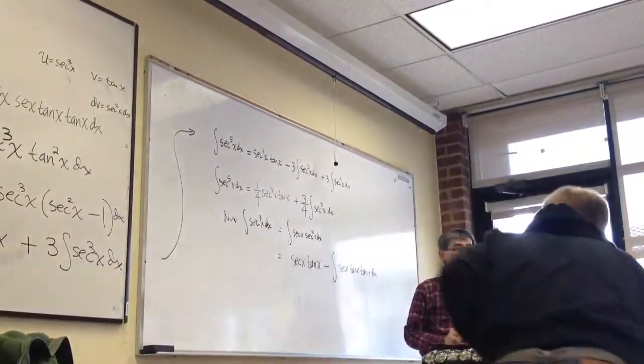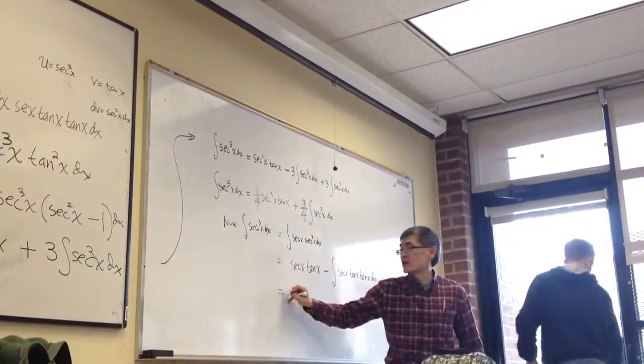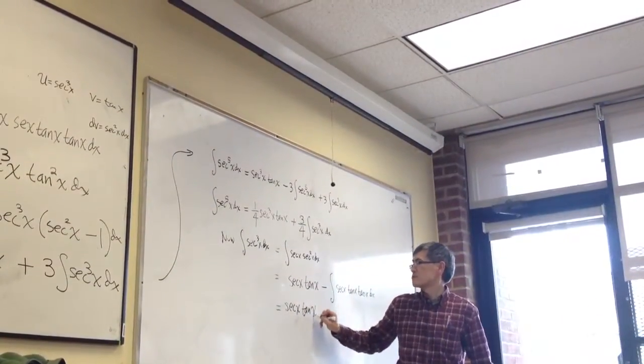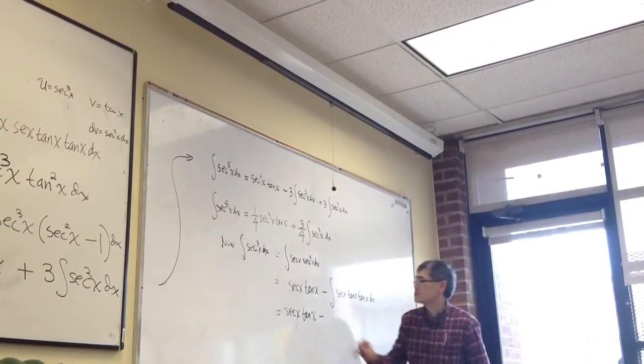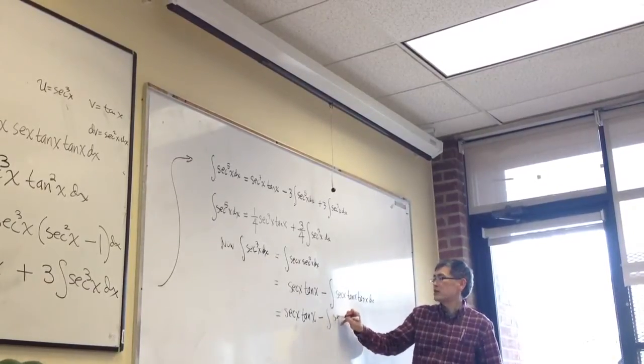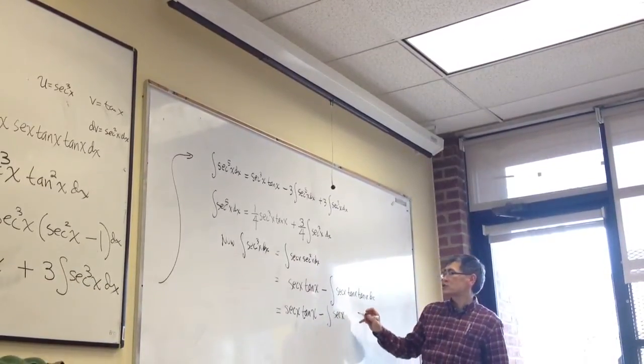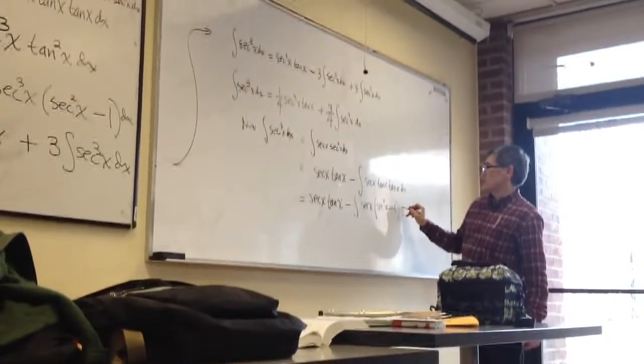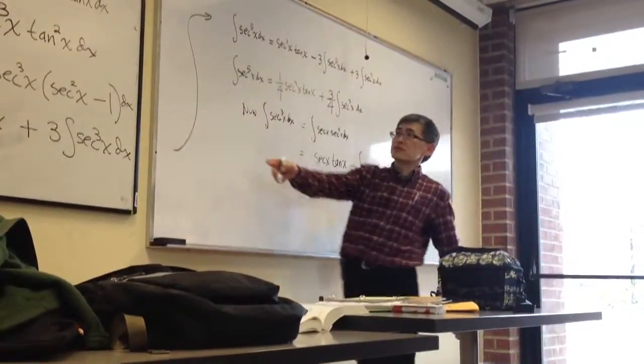Very complicated, of course, right? Then what do you get? You get secant x, tangent x, and then minus secant x, tangent square. What is tangent square? Secant square minus 1. That is the step, right?